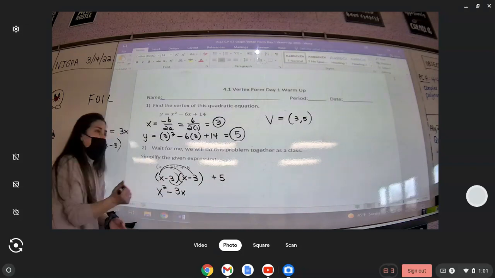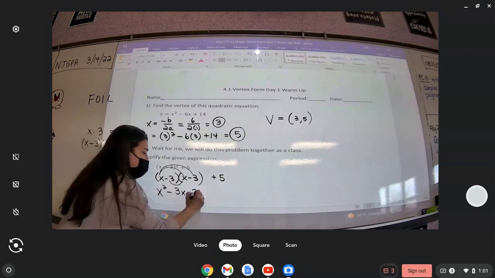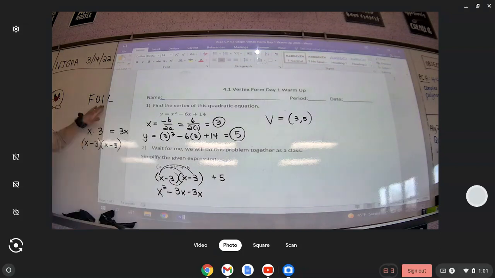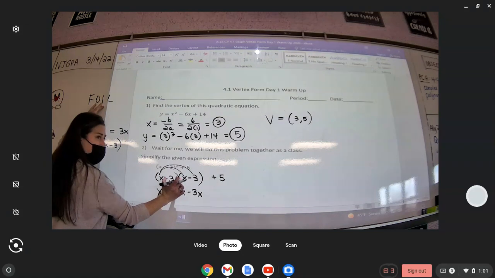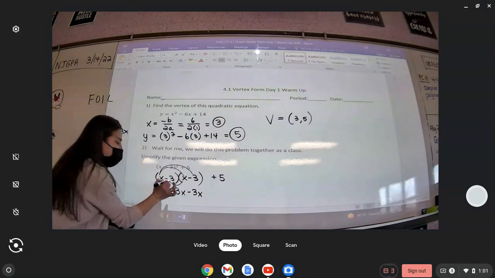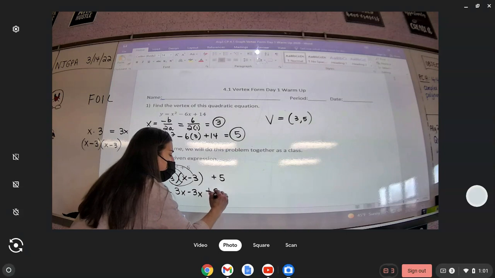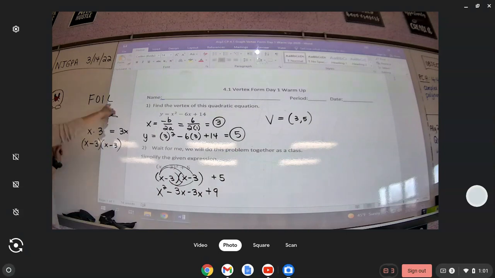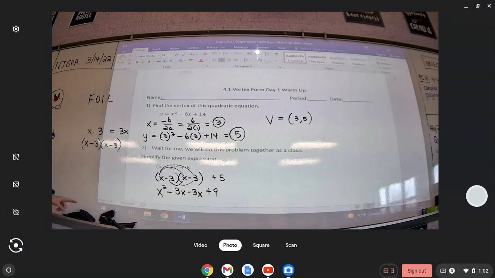So what's negative 3 times x? Again, we get negative 3x. That's the I in FOIL. You multiplied the inside 2 terms together. And then we're going to take negative 3 and distribute him one last time. What's negative 3 times negative 3? Positive 9. And that is the L from FOIL. You multiplied the last 2 terms in each parenthesis together.